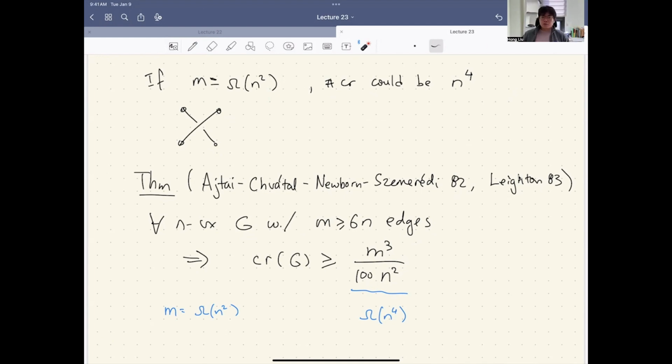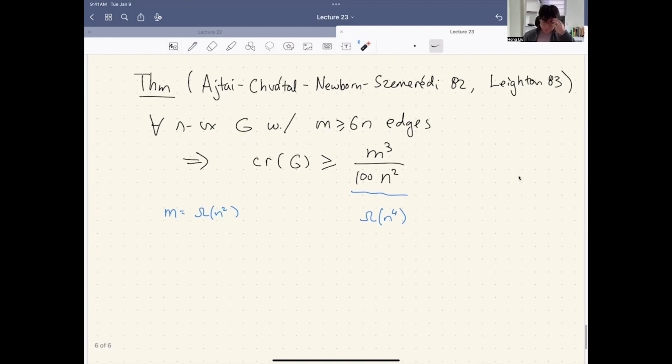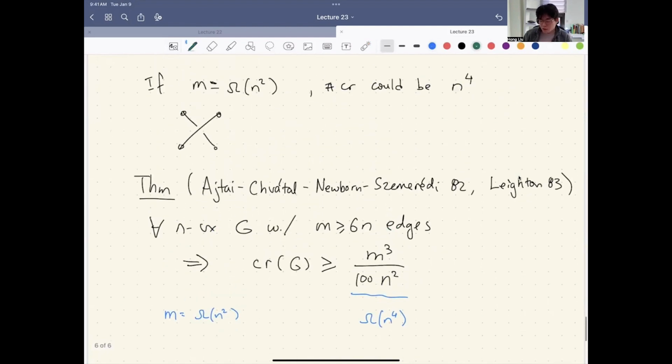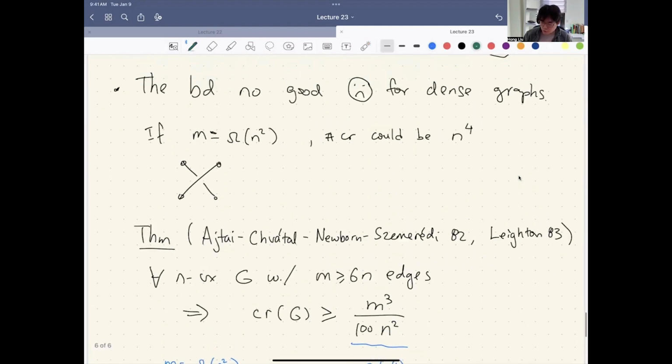The idea is to do sampling. So before I say the idea, maybe let me say some intuition why this idea works, right?